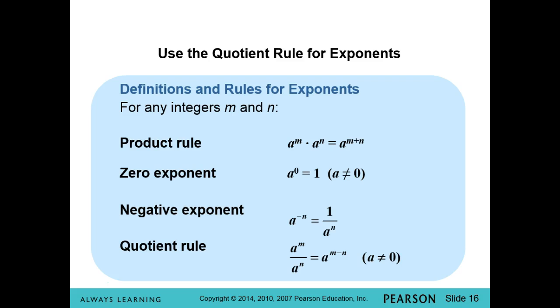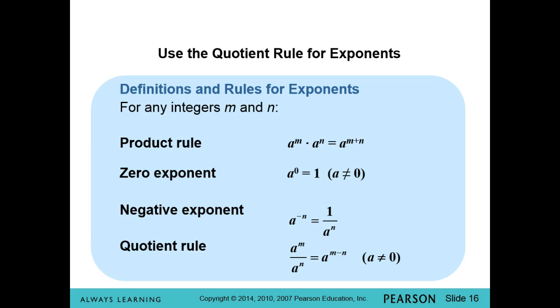Okay. A 0 exponent is the value 1 as long as that base is not 0. If the base is anything other than 0, then that base to the 0th power is always 1. Okay? Negative exponents. If you have a to the minus n, move it downstairs and make it 1 over a to the positive n.